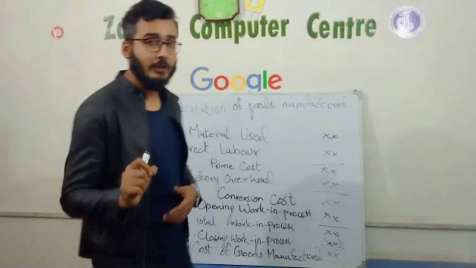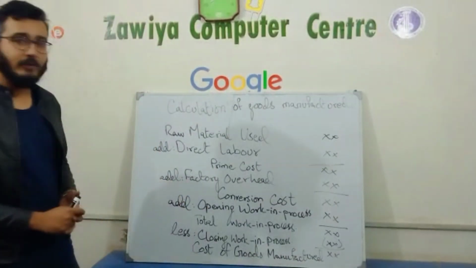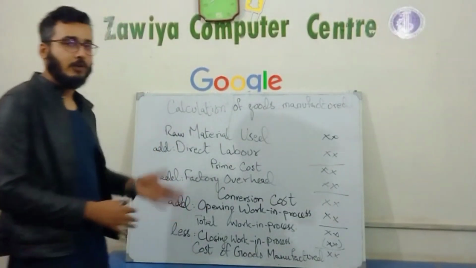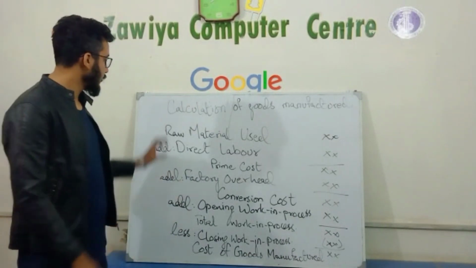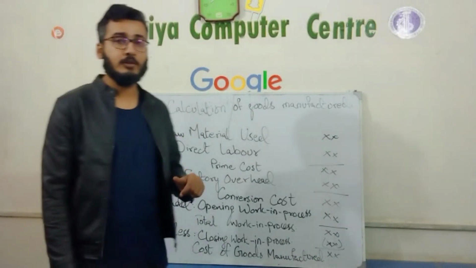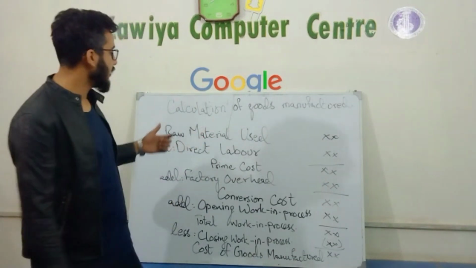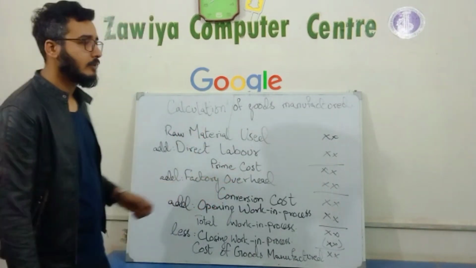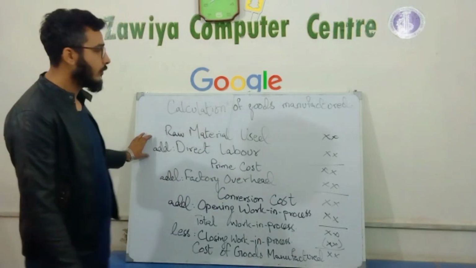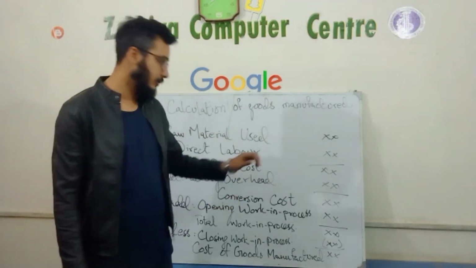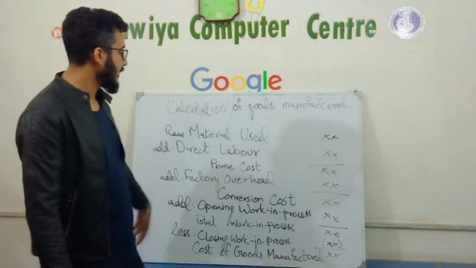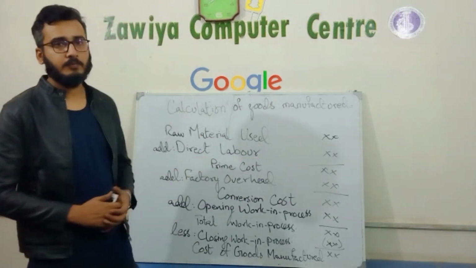Okay, so now we are going to understand the full-fledged format of calculation of cost of goods manufactured. Firstly, we will have raw material used, as I told in the video before, how to calculate the raw material used. Then we will add direct labor to it, and we will get the prime cost.